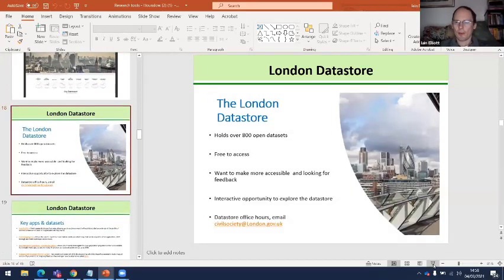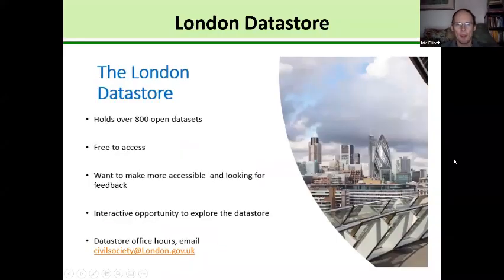So the London Data Store has over 800 open data sets. It's free to use. You can also get in touch with them if you have a query, civilsociety@london.gov.uk.